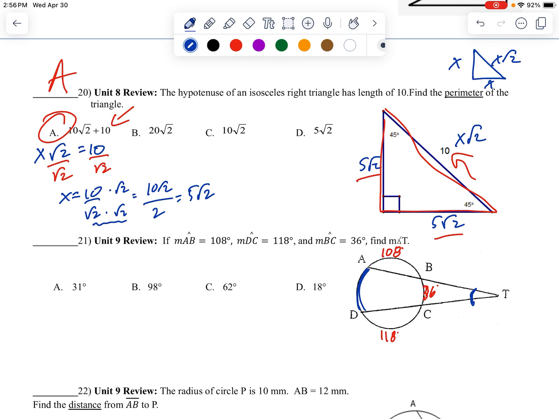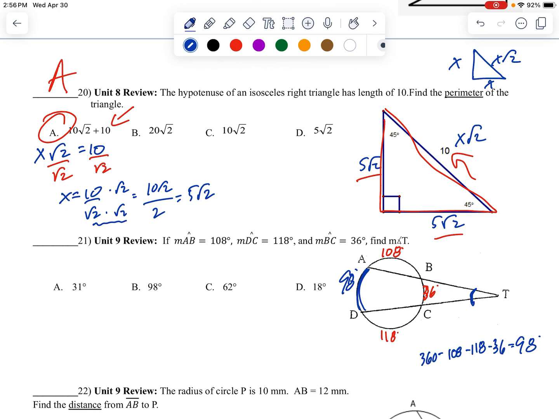So I do 360 minus 108 minus 36 minus 118 to get 98 degrees. Again, that's 360 minus 108, minus 36, minus 118, which gives me 98.